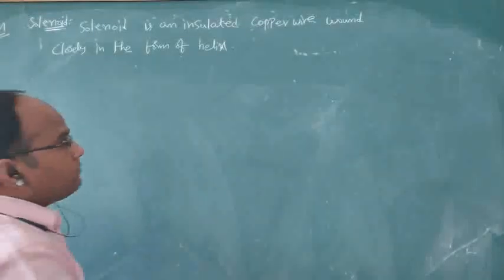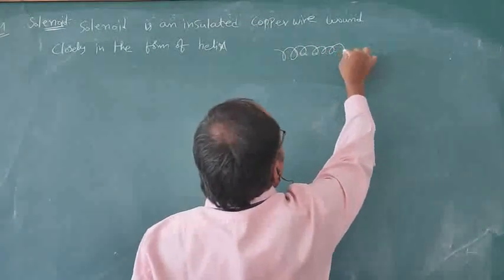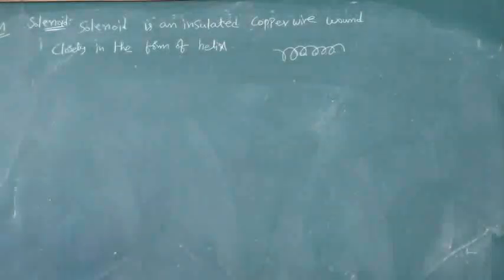Helix means, what is the meaning of helix? Like this. It is in the form of helix. Solenoid means, solenoid is an insulated copper wire wound closely in the form of helix. Then it is called as solenoid.